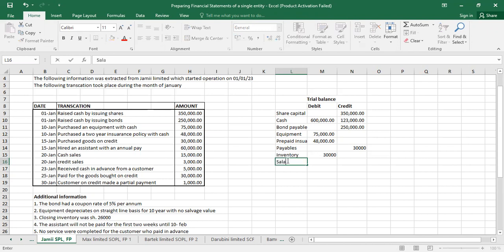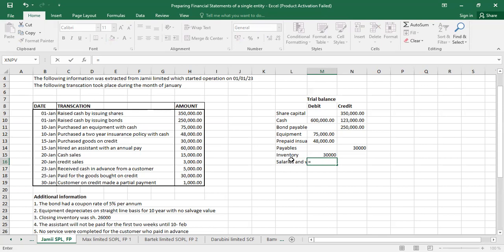Obviously you will have to be paid salary and wages, isn't it? And we've been told in additional information number 4 that the assistant will not be paid for the first 2 weeks until 10 February. So remember when the assistant was hired, 2015. So 15 to February, it's 2 weeks, isn't it? So for the 2 weeks, we will not be paid.